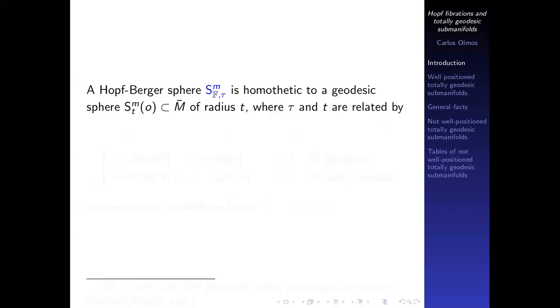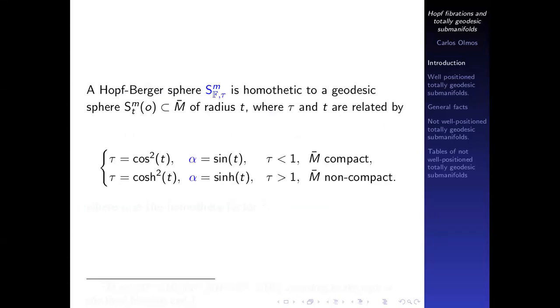A Hopf-Berger sphere is homothetic to a geodesic sphere of radius t. We will now give more precision on what we said. The Hopf-Berger sphere is homothetic to a geodesic sphere of radius t, where tau is the factor by which we rescale the fiber, and t are related by the following formula.